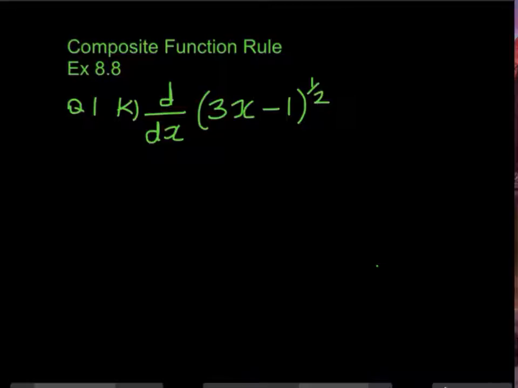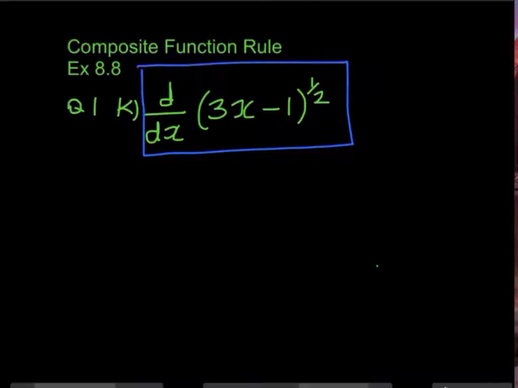I'm not going to go through the theory of this, but I will demonstrate what we need to do when trying to differentiate functions of this type. What I need you to be able to see is that we have an overall description here. We've got to find the derivative of this expression, 3x minus 1 to the power of a half.